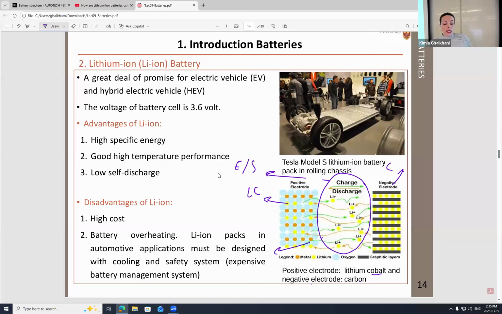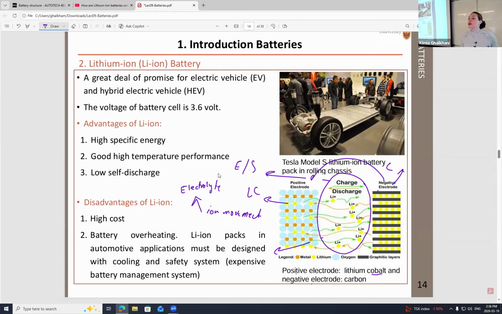It is in charge of ion movement, whether you're looking at the charge process or the discharge process. In discharge, ions move from negative to positive, and they have to move through the electrolyte. Do not confuse the application of electrolyte and separator.